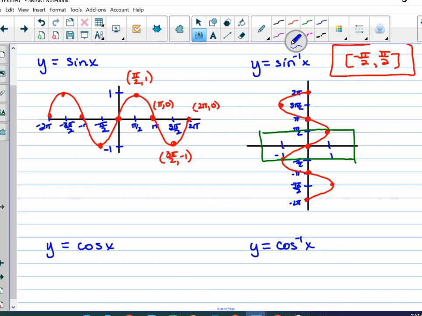Talk to each other, look at your graphs. You think you've got your inverse graph? Are we going to use the same window that we used on the other one?